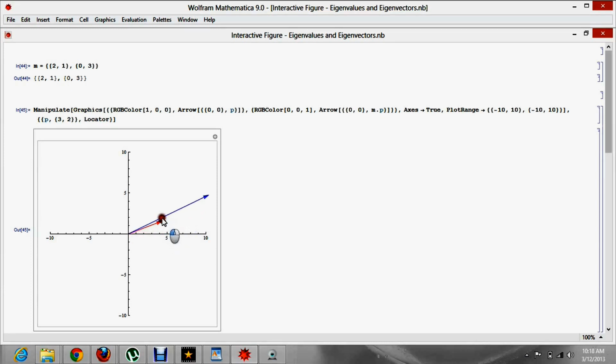So we had 2 different places where this seemed to work. Here's one along the line y equals x. Here's another along the x-axis. Notice that happens actually in the opposite direction as well. If I spin all the way around to the other side, this is the same direction as our x-axis, so we're moving along the x-axis, and also if we move along this line y equals x, we have another eigenvector because the output is a multiple of the input.